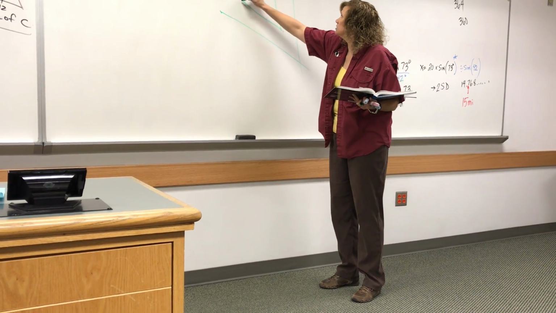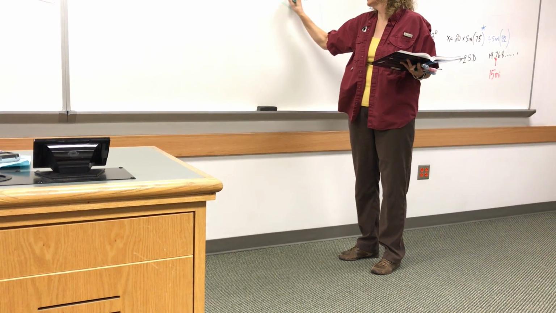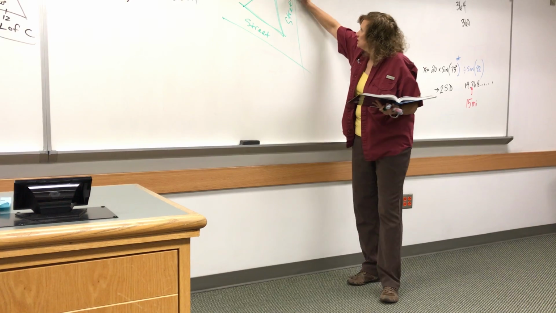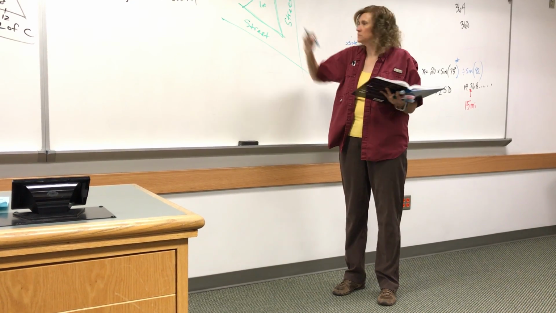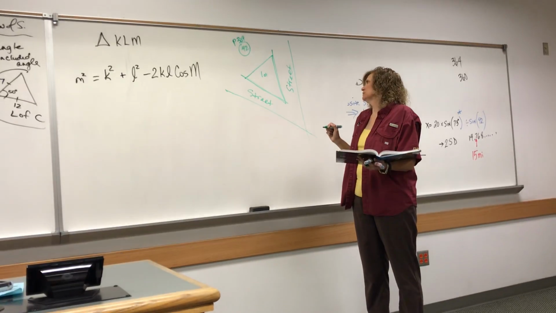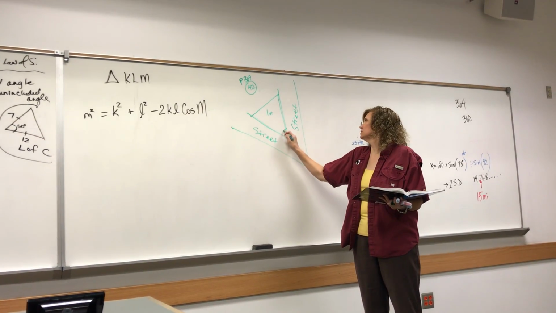Anyway, so here's my triangular lot. We've got a street. I know my diagram looks really weird because here's a street. Here's my lot. Oh yeah, that's a great 72 degrees. Oh well. Okay, my streets meet at an angle of 72 degrees.